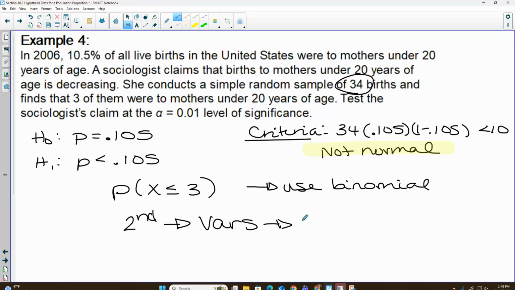Okay, I want to do letter B, which is binomial CDF. There's 2 different binomials. A lets you do one at a time, so you'd have to do it for 0, 1, 2, and 3. Option B actually lets us get everything at once. It does a cumulative probability. So if I say I want to go up to 3, it adds everything less than that. So how many trials? 34.